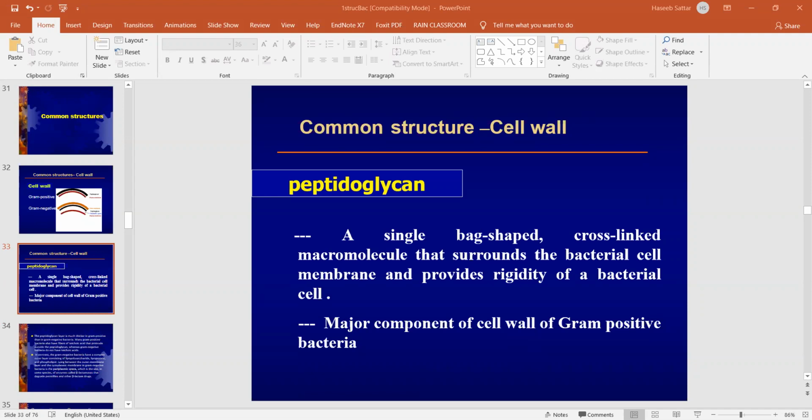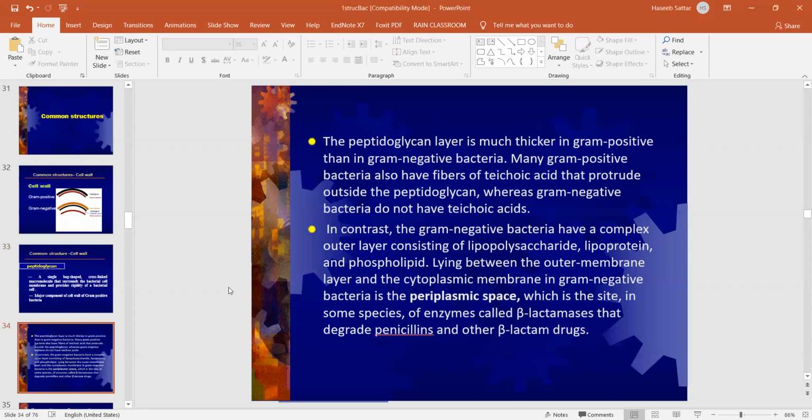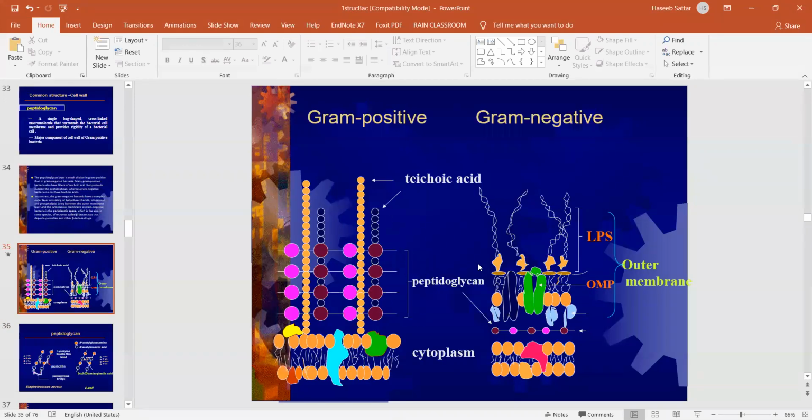Another important thing is this peptidoglycan. If we see the structure here, we have gram-positive and gram-negative. In gram-positive bacteria, we have a cytoplasmic membrane and a cell wall composed of peptidoglycan units. From the peptidoglycan units, there are certain fibers that protrude outside, especially in gram-positive bacteria.